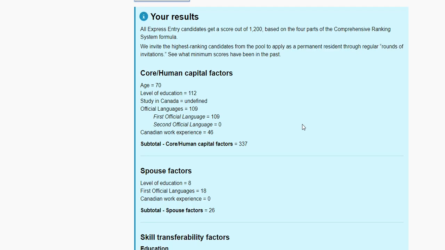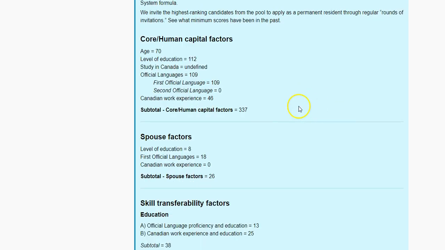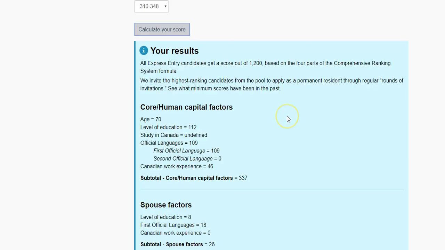And then I can see here in the core human capital factors how many points it gives me for age, level of education, study in Canada, official languages, first official language, and as you can see, it gives me points for all of these factors with a subtotal of 337. Remember here, always present a score out of 1,200.